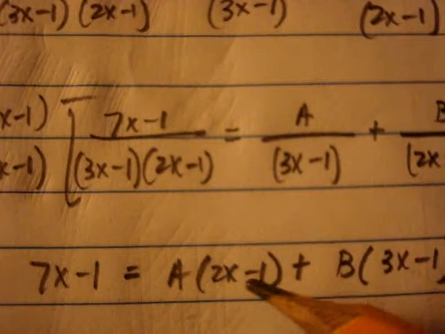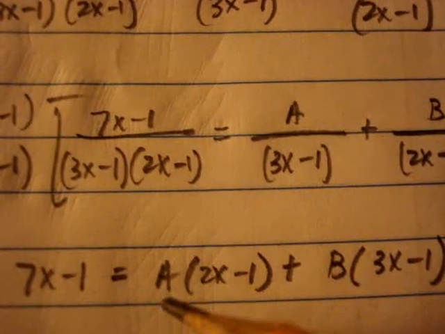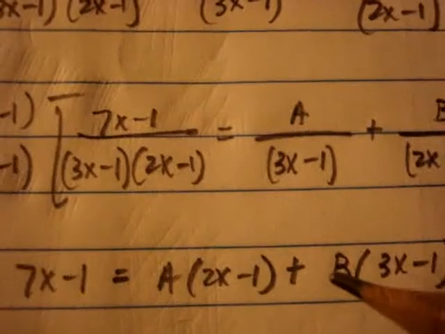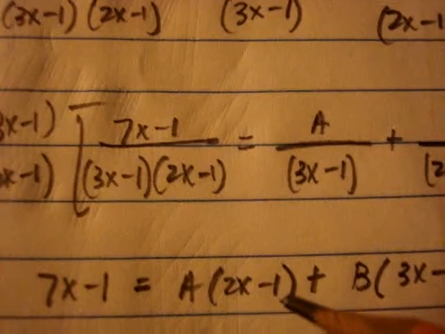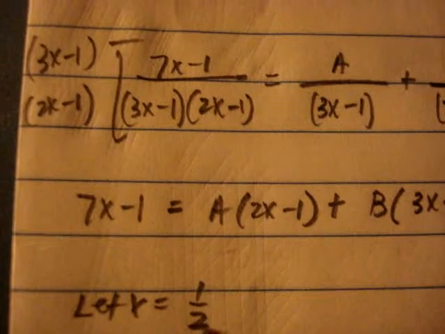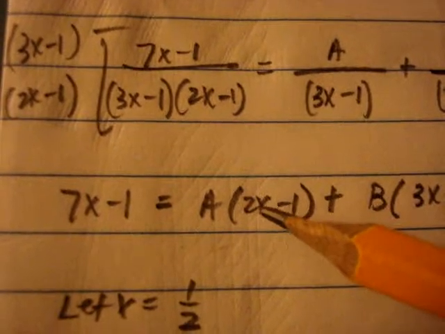Now that you have the linear equation, you have to find a number that makes A or B equal to 0 so that you can solve for the other one. Let's say I let x equal 1/2. So that means I'm going to make A equal to 0.